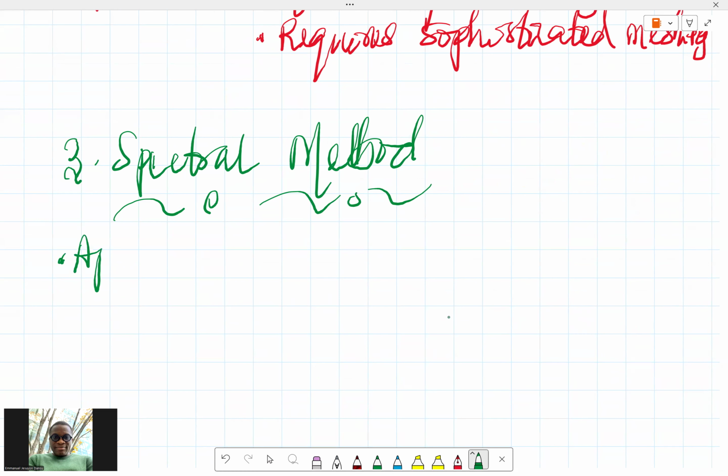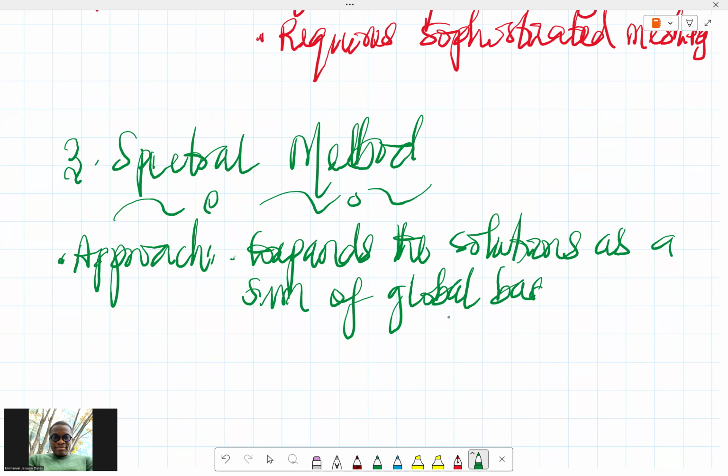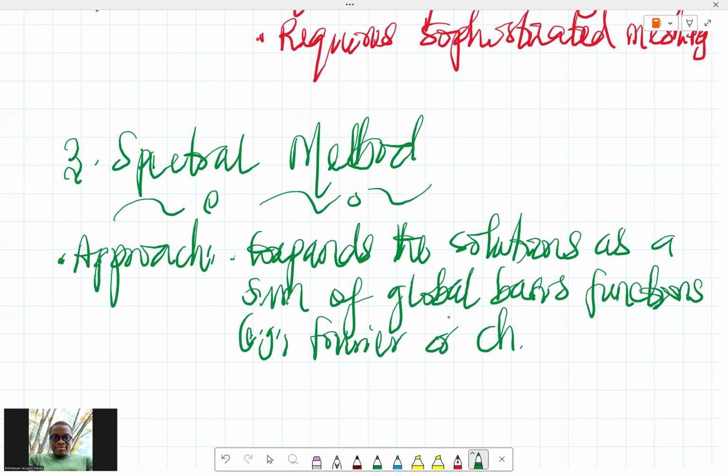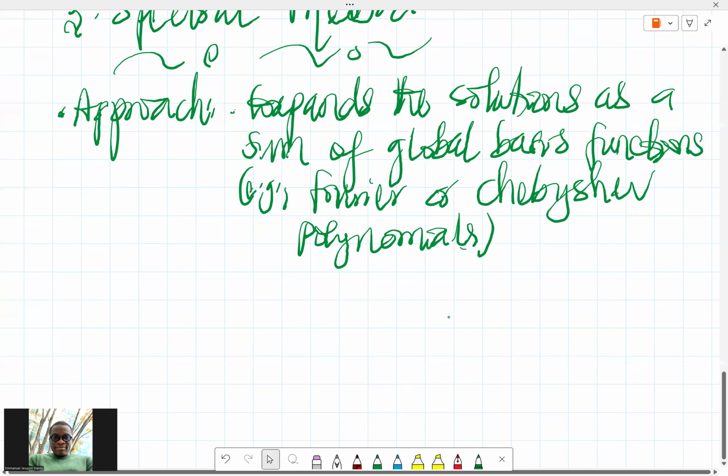The approach: it expands the solutions as a sum of global basis functions, e.g., Fourier or Chebyshev polynomials. Okay, that's the approach.